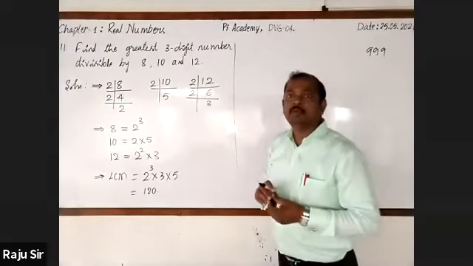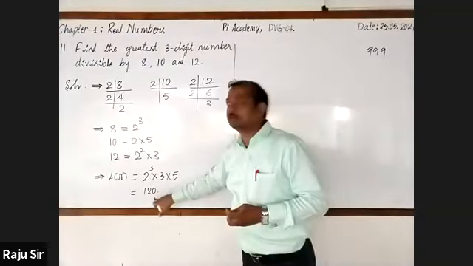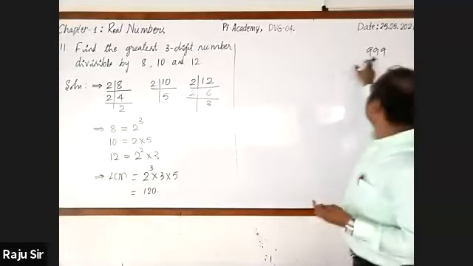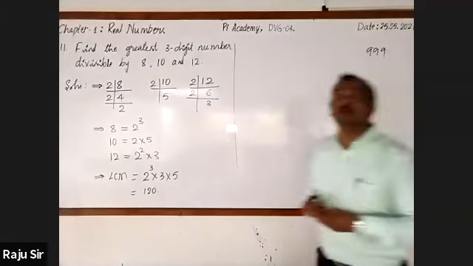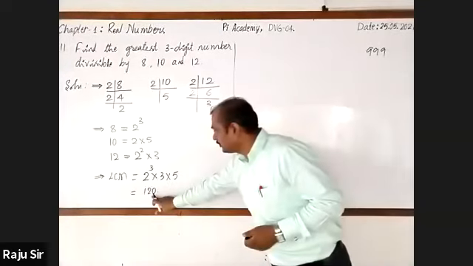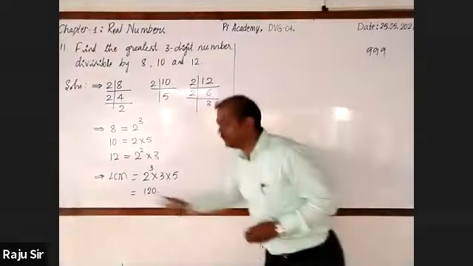We have already come to know that 120 is a multiple of these three. The greatest three-digit number should also be a multiple of 120. So hence we shall divide 999 by 120.